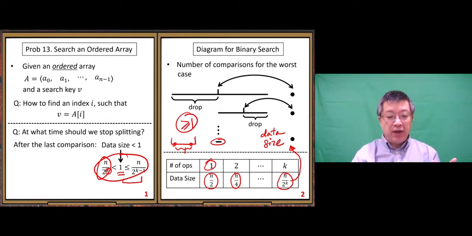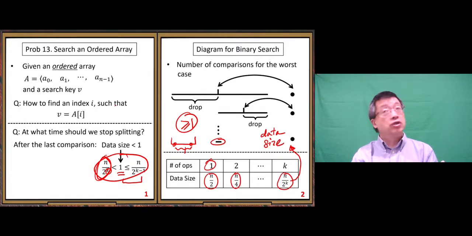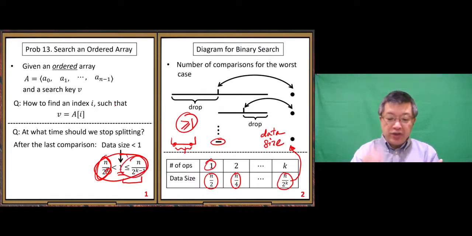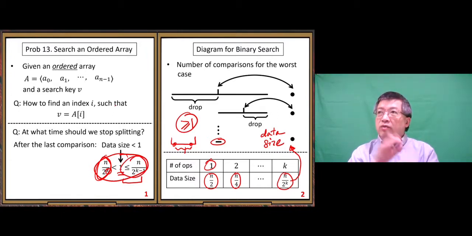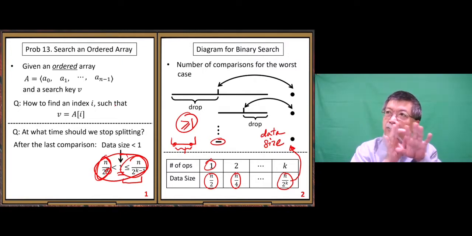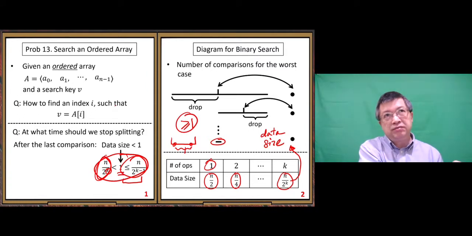Otherwise, you can just make this K really, really big. The larger the K, the smaller the fraction n over 2 to the kth. It always satisfies less than 1, but that's not what we need. So we need to add this half of the inequality so K cannot go larger. That's important.